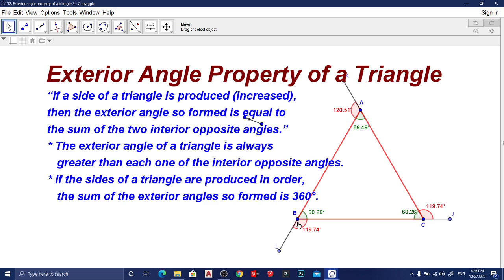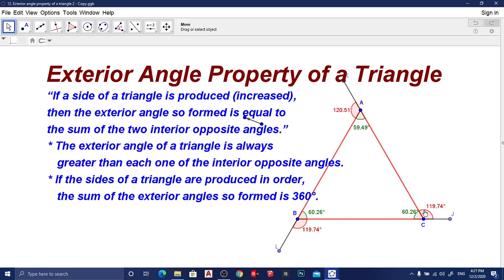If I take this as the exterior angle, these two will be the opposite interior angles. Like that you can understand this. And the exterior angle of a triangle is always greater than each one of the interior opposite angles.